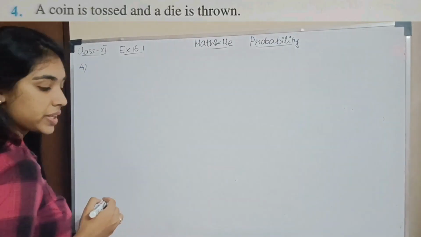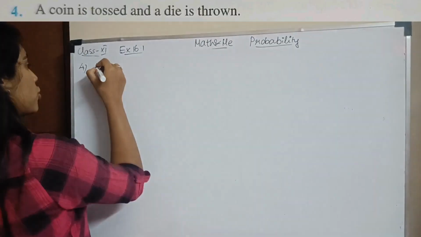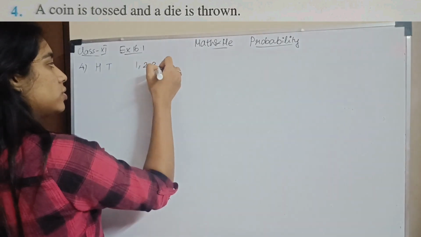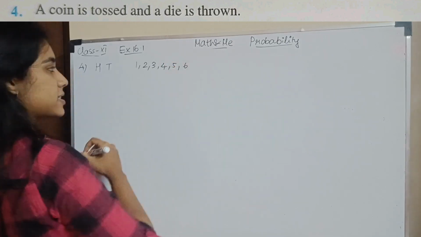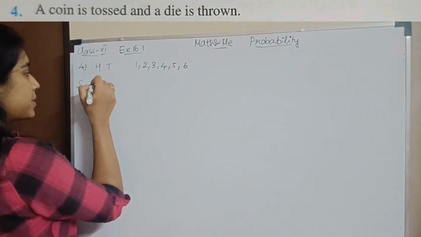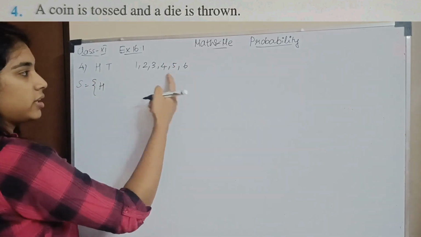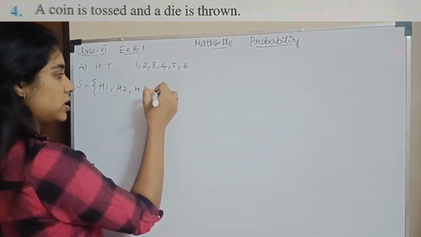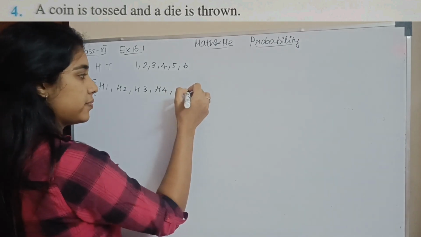Question number 4. A coin is tossed and a die is thrown. So H, T இருக்கு. Die போச்சுனா 1, 2, 3, 4, 5, 6. Okay. So sample space எப்படி இருக்கும்? If it's a H, you can get one of these. So I have H1, H2, H3, H4, H5, H6.